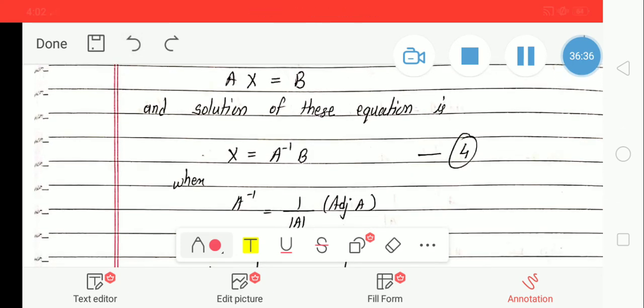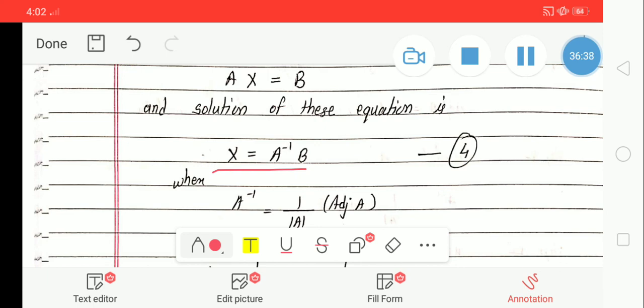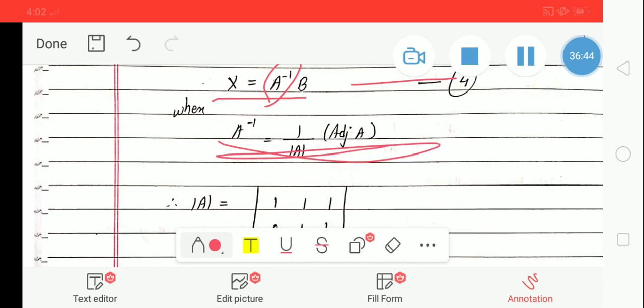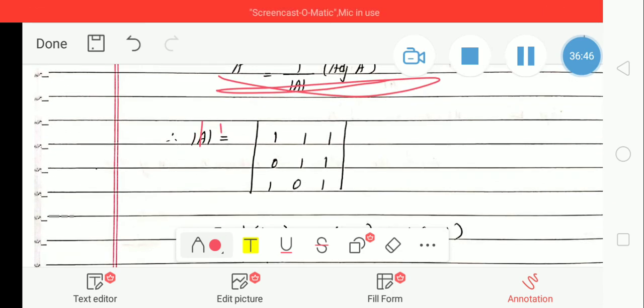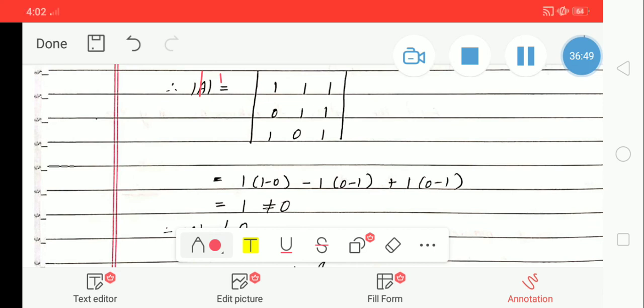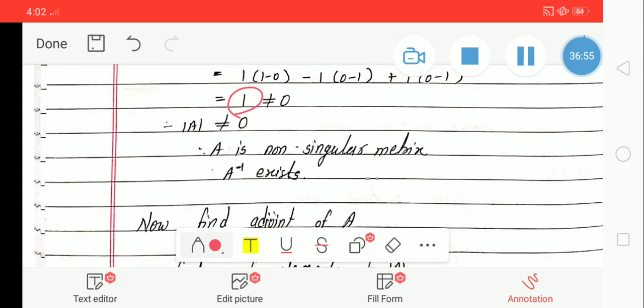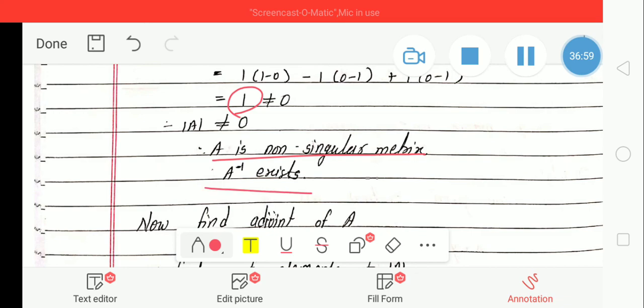Now we know that X is equal to A inverse B, equation number 4. Now to find A inverse by this formula, first we take the mod of A. What is the value of mod of A? It is 1, meaning mod of A is not equal to 0, that is, A is a non-singular matrix, so A inverse exists.